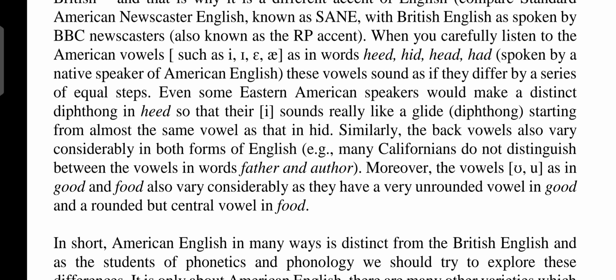Moreover, the vowels u, as in good, and food, also vary considerably, as they have a very unrounded vowel in good and a rounded but central vowel in food. Good, food, a little bit different; we are talking particularly about these two words.